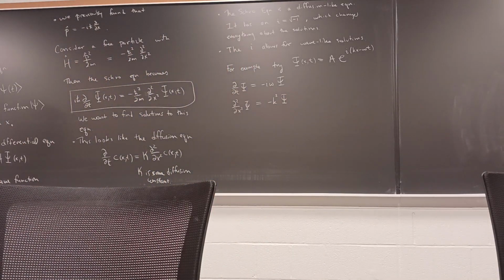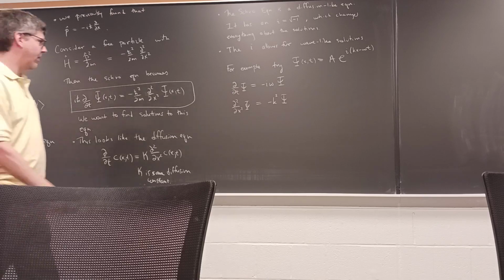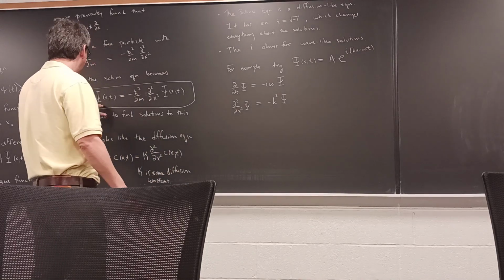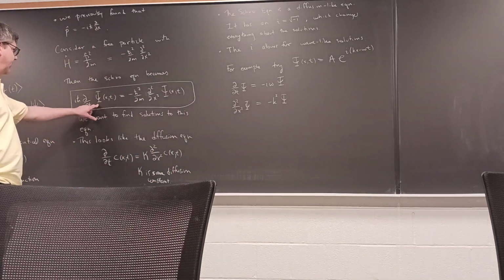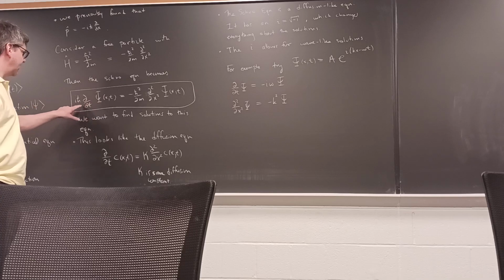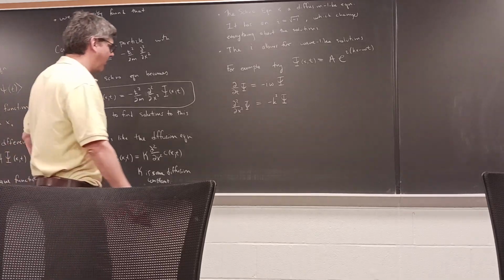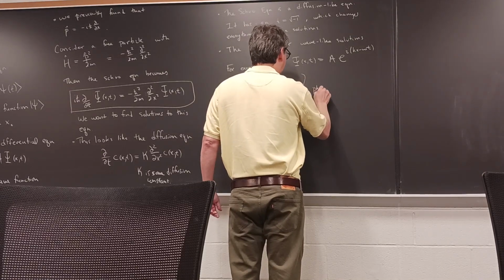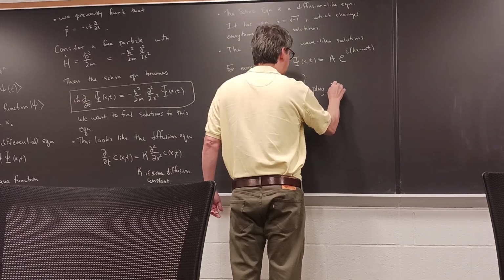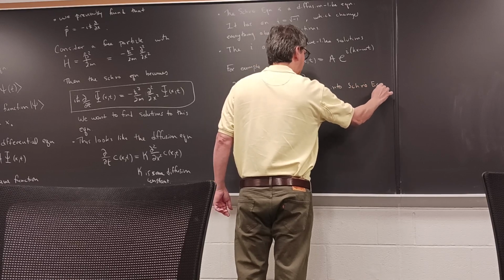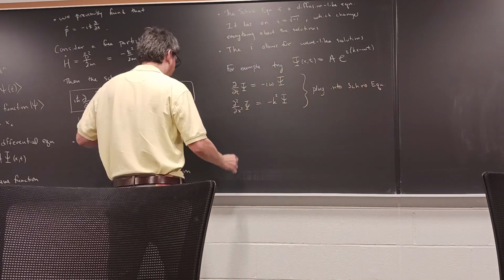And so if we write down the Schrödinger equation again, on the side where we have the d by dt, I multiply by an i h bar. So let's plug these into the Schrödinger equation.